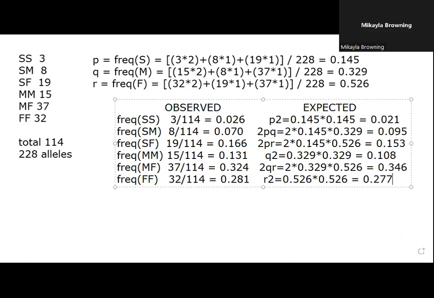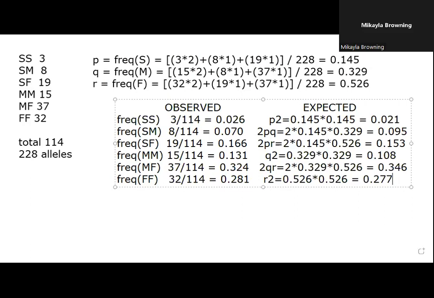Okay, right. If we wanted to check our math, and make sure we hit all the numbers right on the calculator, we should be able to add all of those observeds, and they should add up to 1 or close enough because of round off error.